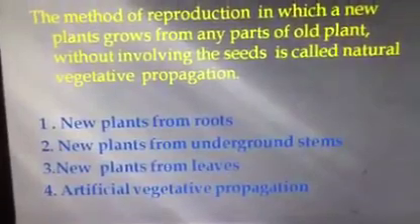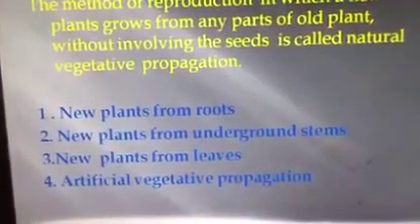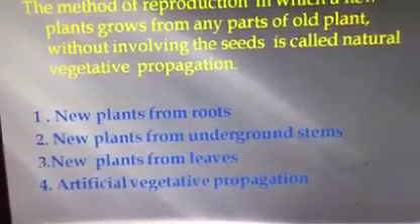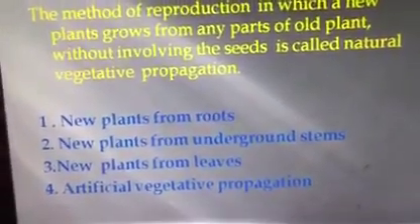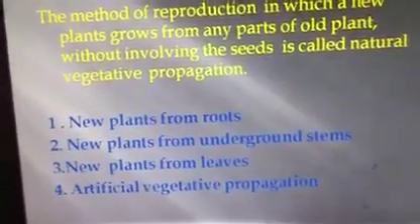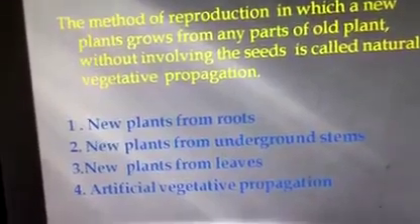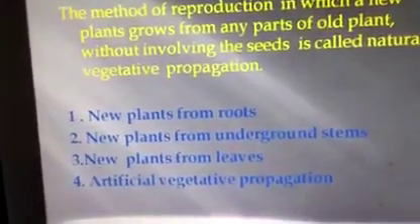First one is new plants from roots. For example, sweet potato, tamarind. Root buds appear on the roots of sweet potato and tamarind, wood apple. Through root cuttings they can give rise to new plants.